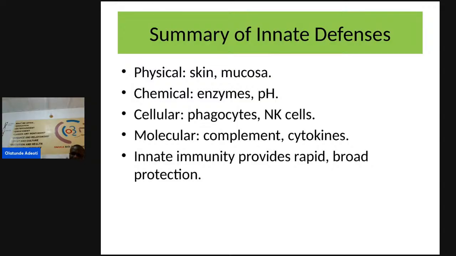Generally, you will know that the innate immune system provides rapid and very broad protection, and that's why we said it is not specific. It is not tailored towards either parasites, viruses or bacteria. It has a very broad protective mechanism, so it can fight against different types of infection from different microorganisms. That's why we call it innate, because it is the one we are born with.